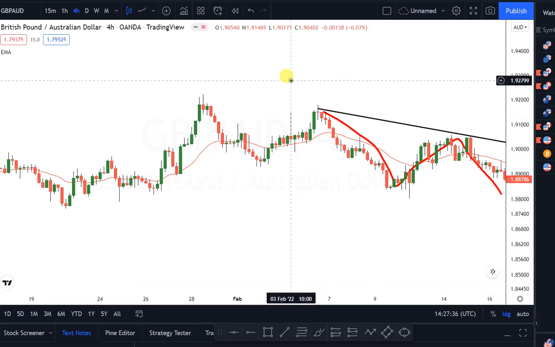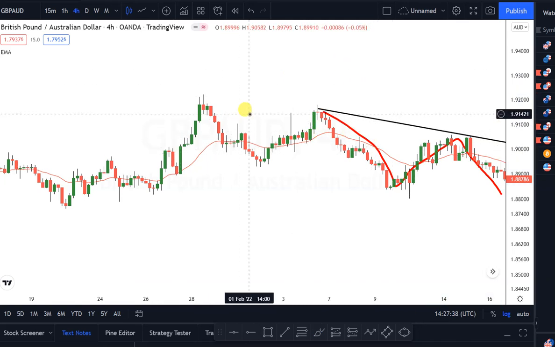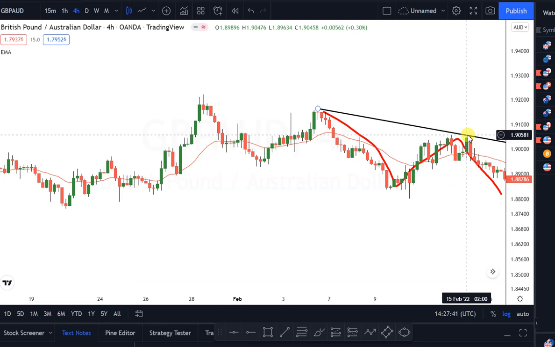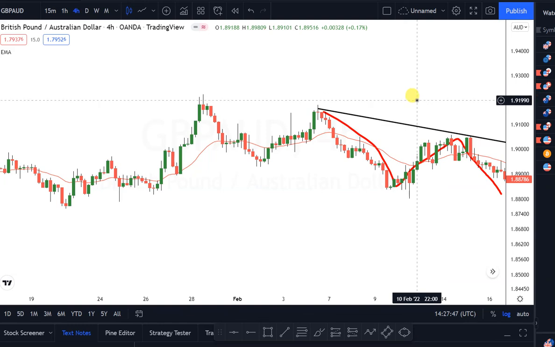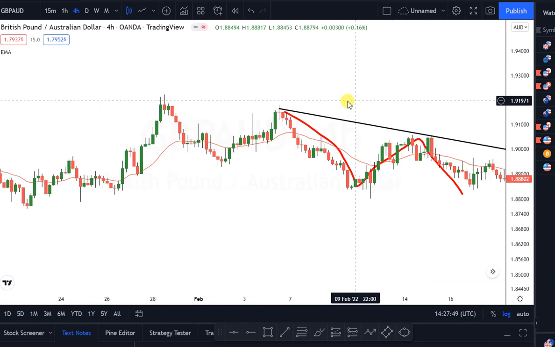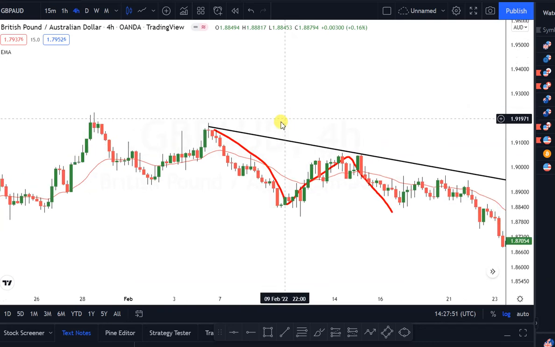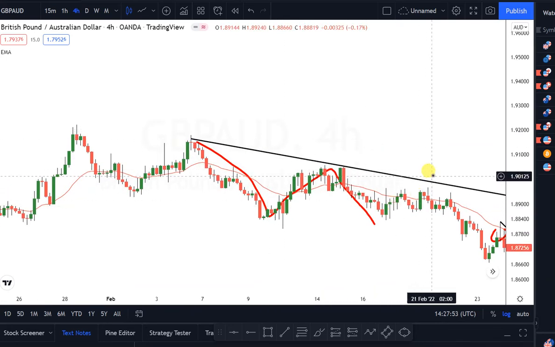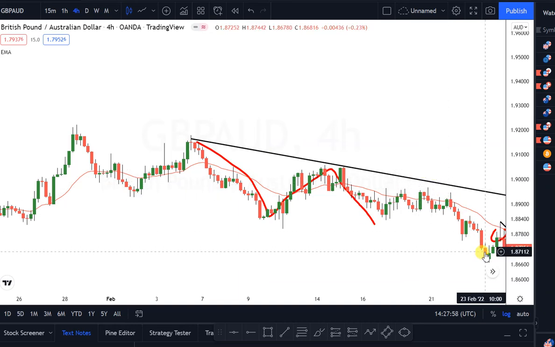But I know that you haven't seen what is going to happen in the future, but you have connected these two dots together. Your expectation is that when price goes to touch this trend line again, you should be looking for opportunities to start selling. So we are now waiting. Price went to touch this trend line, or price came close or shy of this trend line, and we can see exactly what happened.